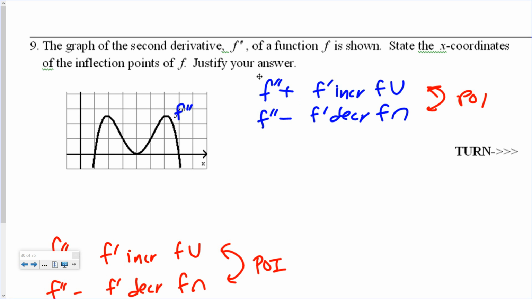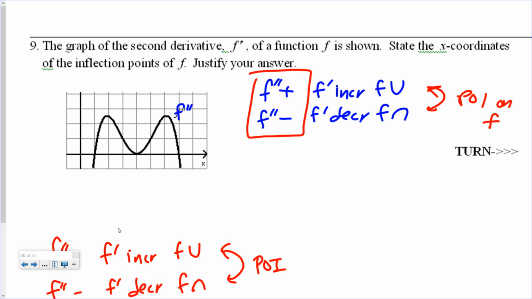All right. So guys, I have no idea what F prime is, and I certainly can't see in the other room what F looks like, but I certainly know exactly what F double prime looks like. A POI happens on F when F double prime changes from positive to negative or negative to positive.